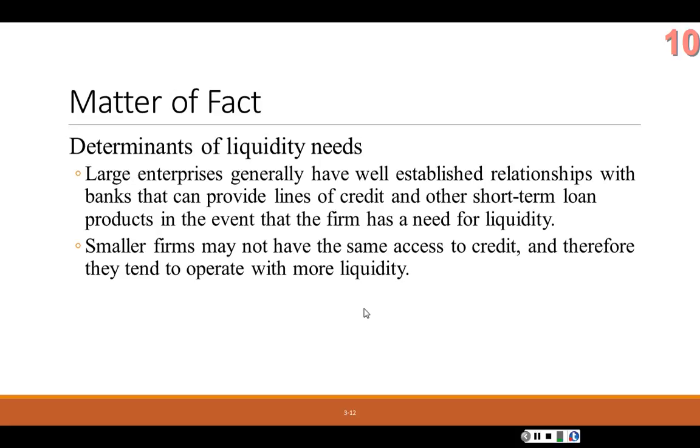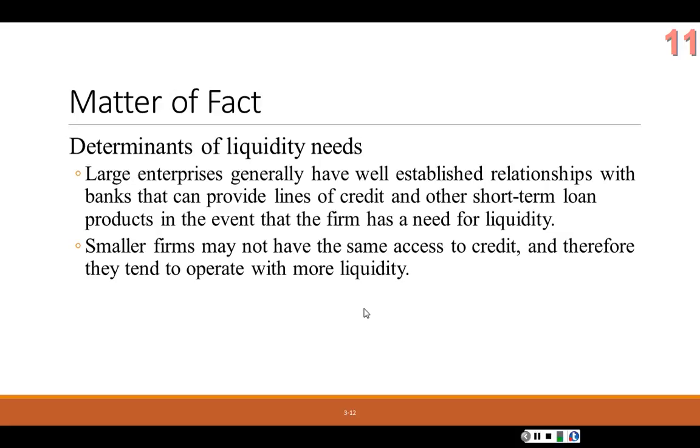Large companies usually have well-established relationships with banks that can provide lines of credit and other short-term loan products. This makes them not need to have large stores of cash on their balance sheet.